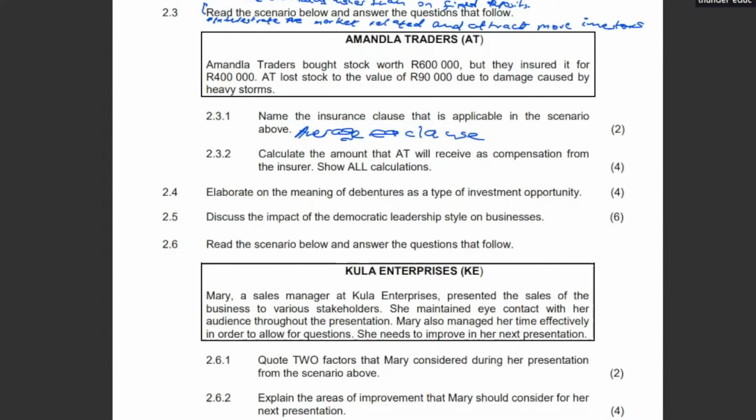Calculate the amount that AT, which is Amanda Traders, will receive as compensation from the insurer. Show all the workings.